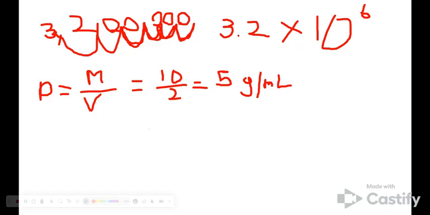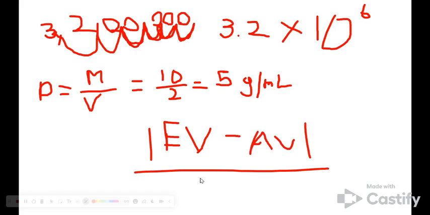So let's move on to percent error. Percent error shows how close your experimental value is to the expected value. The percent error formula is the absolute value of the experimental value minus the expected value, divided by the accepted value, times 100.